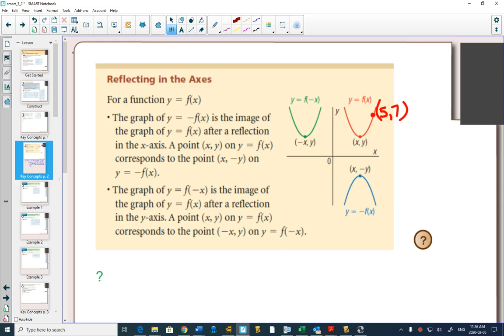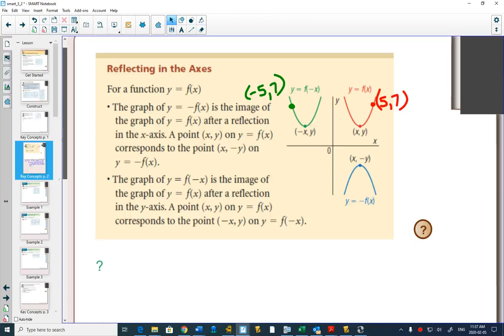If I flip that over my y-axis, can you see that it would be this one there on the opposite side? And the coordinates of that point would be (-5, 7). The x coordinate is just getting multiplied by -1 because the transformation says you're replacing your x with a negative x.